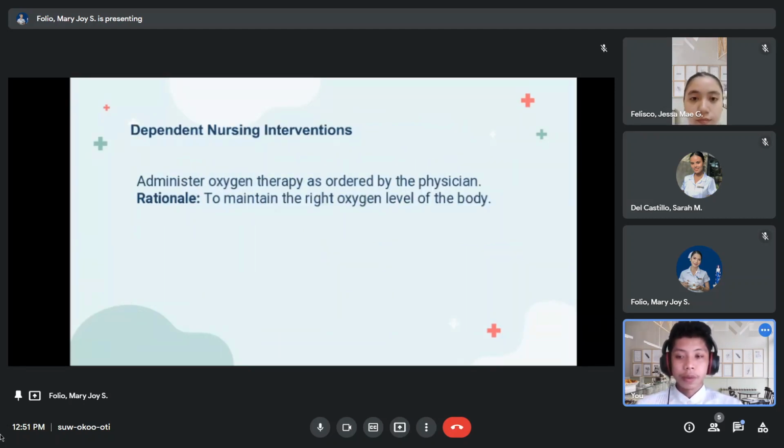So, dependent nursing interventions with rationale include administering oxygen therapy as ordered by the physician, and this is to also maintain the right oxygen level of the newborn's body. Okay.